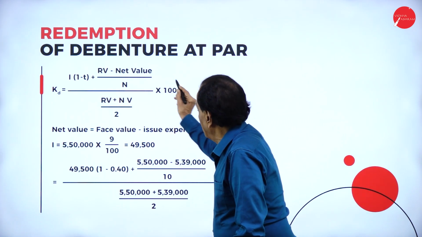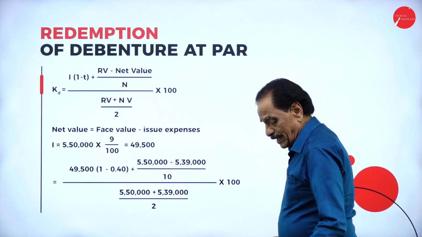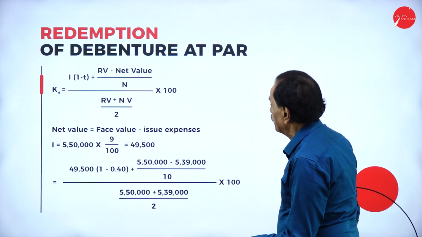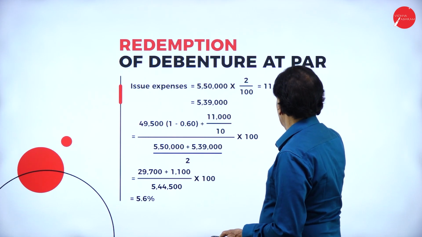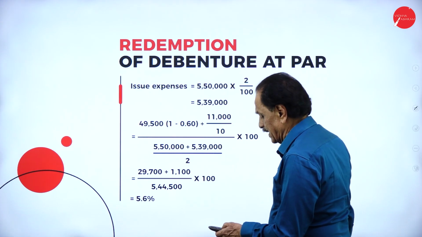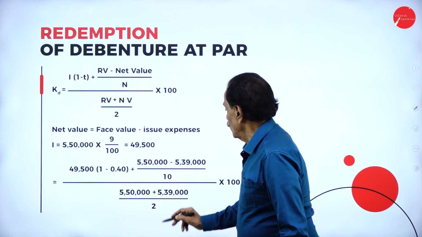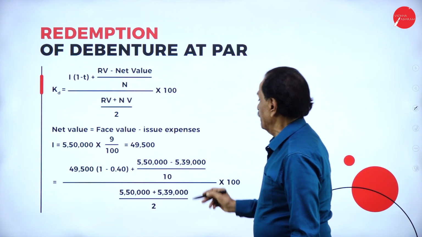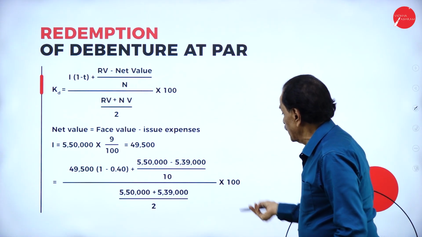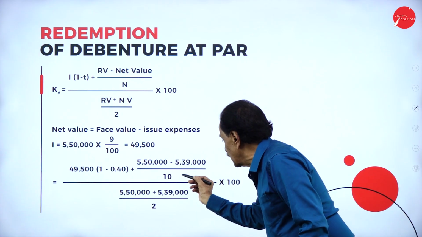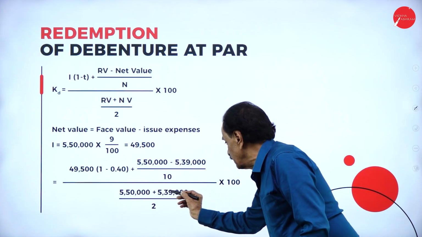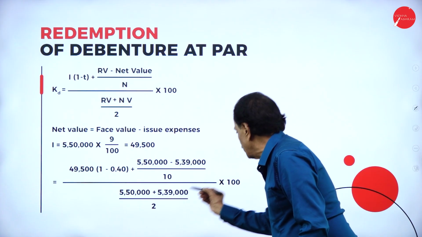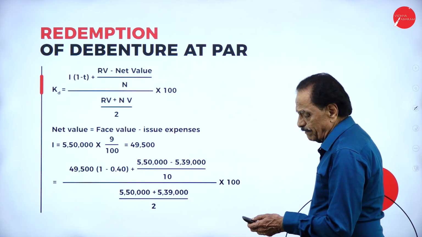If the net value is 10% deducted, that we have already done here, 11,000 should be deducted. So out of 5 lakh 50,000, if we deduct 11,000, it becomes 5 lakh 39,000, divided by 10, divided by 5 lakh 50,000 plus 5 lakh 39,000 divided by 2, into 100.